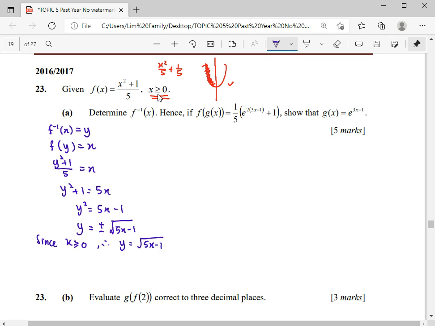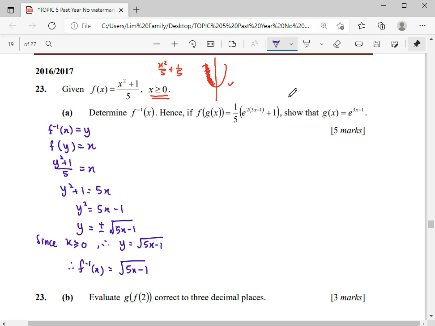So finally, we can find our f inverse is square root of 5x minus 1. Taking the positive part. Why positive part? Because the domain tells us x greater than 0 is the right hand side part, so the right hand side part is the positive part.